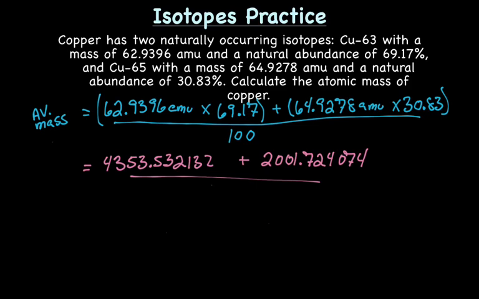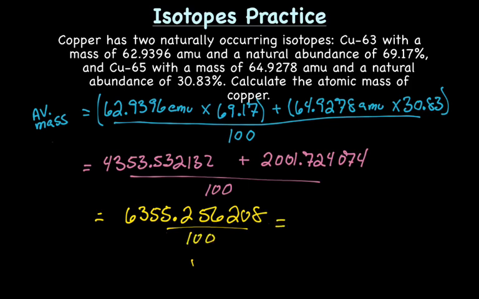All of that is divided by 100. So now when we add those together, remember we're summing these, I got 6355.256208 divided by 100.